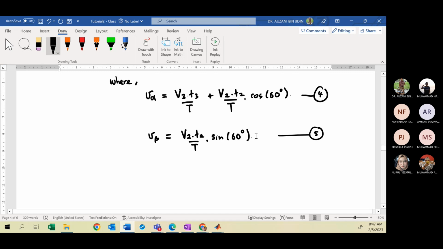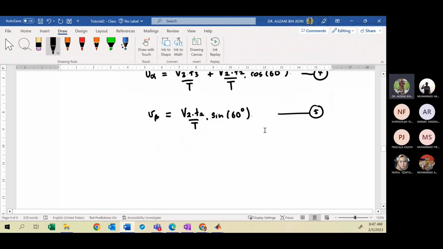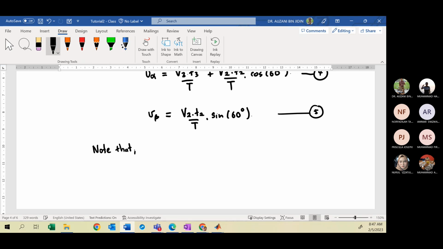Then you need to take into account that the magnitudes of vector V2 and V3 are the same, right?